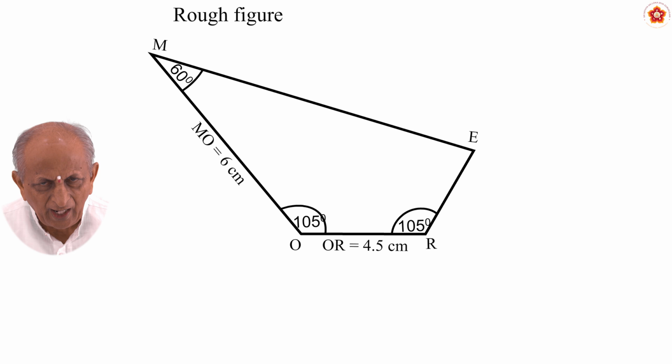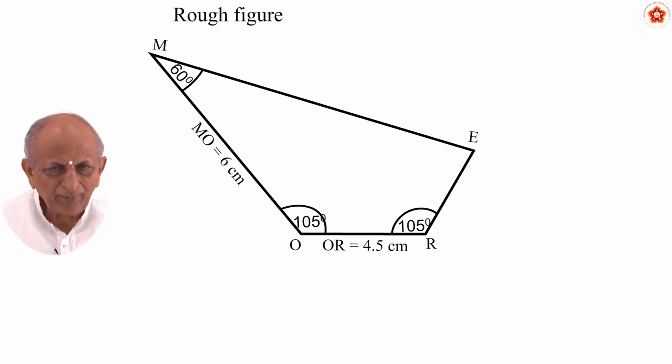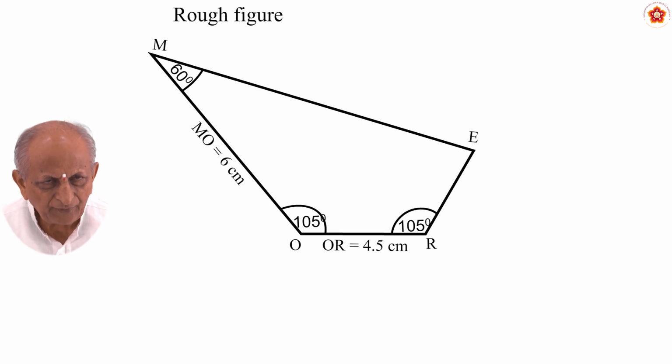Similarly, with R as center, draw one more line with an angle of 105 degrees. And from M, you have to make an angle of 60 degrees. So these two lines meet at a point called E. Now this is a rough figure.